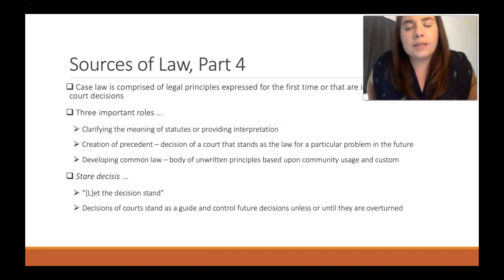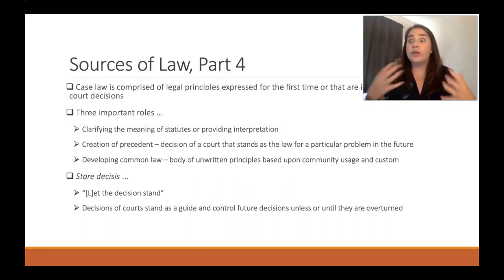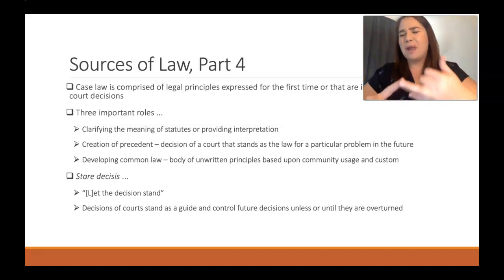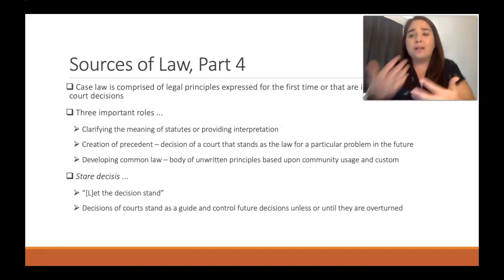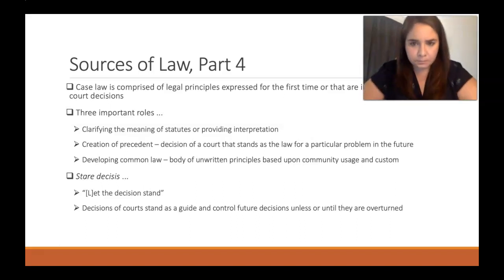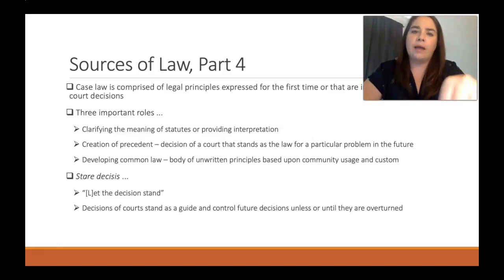So the concept of case law, case precedents, is that when you have a new issue come up, and trust me, there are new issues every day, either a law doesn't exist, or it may or may not fit under an existing law, or we as a people have changed, and we need the law to catch up. That's where case precedents and case law changes how we think and apply the law.